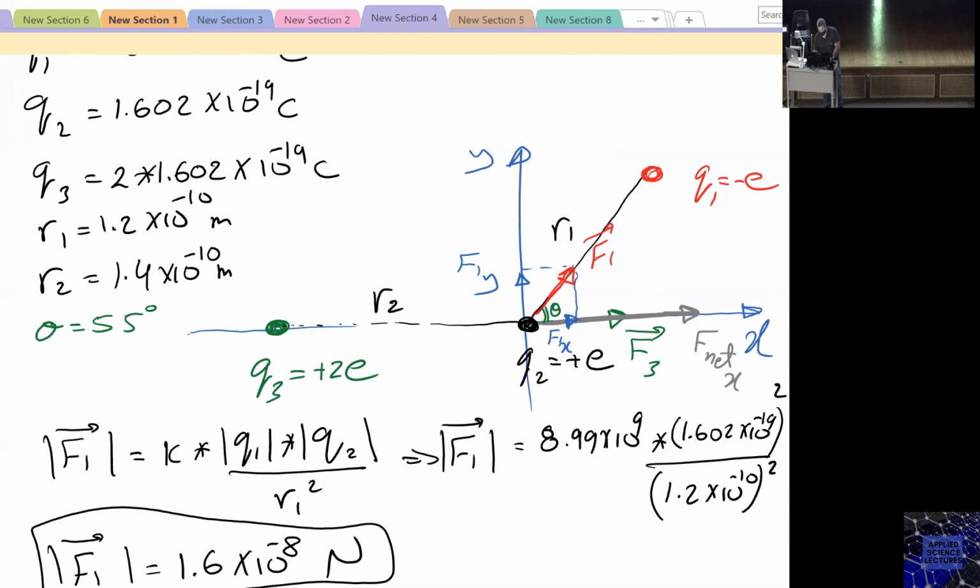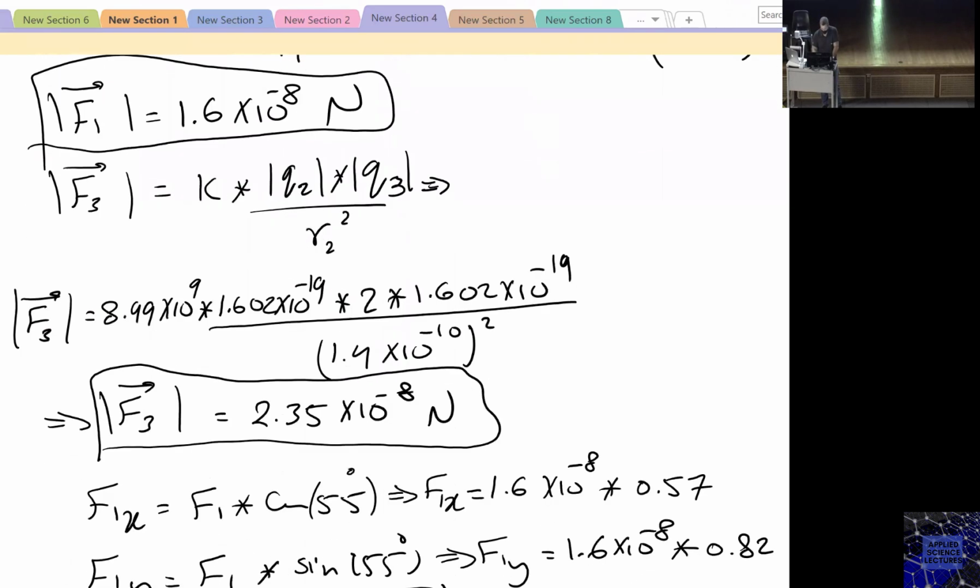Fnet y is the same as F1y, right? Because there's no y component for F3, so it will be overlapping here. Now, if I am to draw, this is also Fnet y, so the force is this. This is Fnet. And the angle is here, phi.